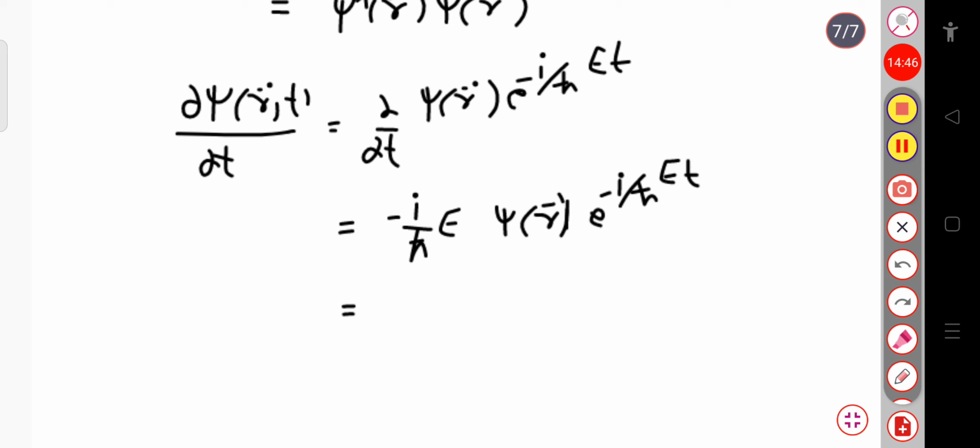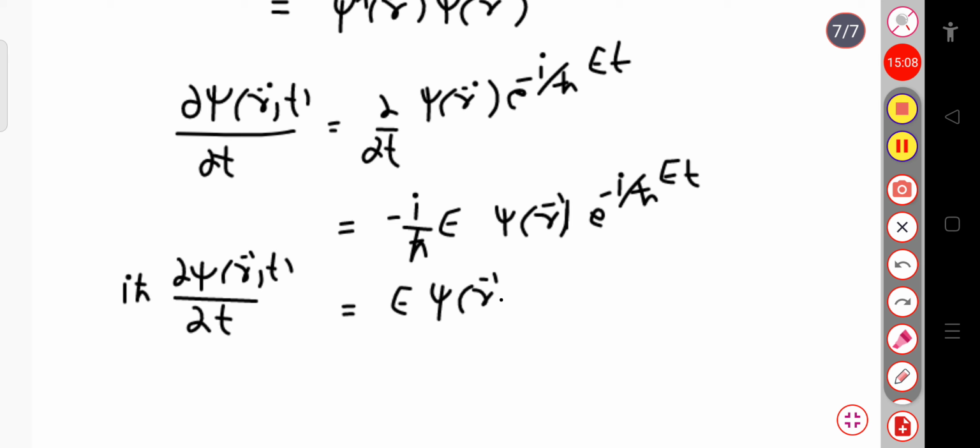If I take this to the left hand side, that will be iħ ∂ψ(r,t)/∂t equal to E into ψ(r,t). This is simply ψ(r,t) for this total expression.